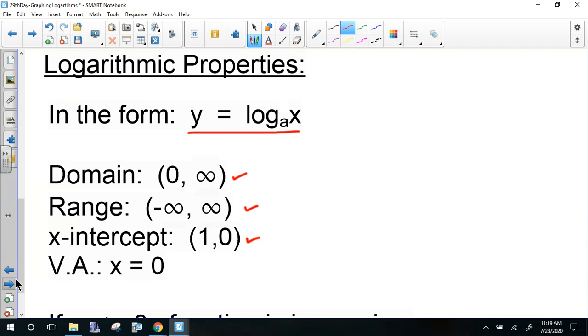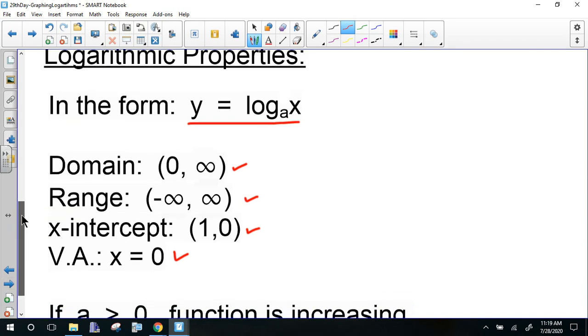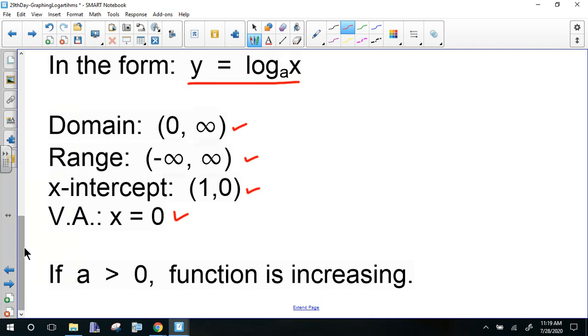And we're going to have a vertical asymptote at x equals 0 versus having a horizontal asymptote at y equals 0. And if a is greater than 1, this function is increasing. So there's all of your properties for a log function graph.